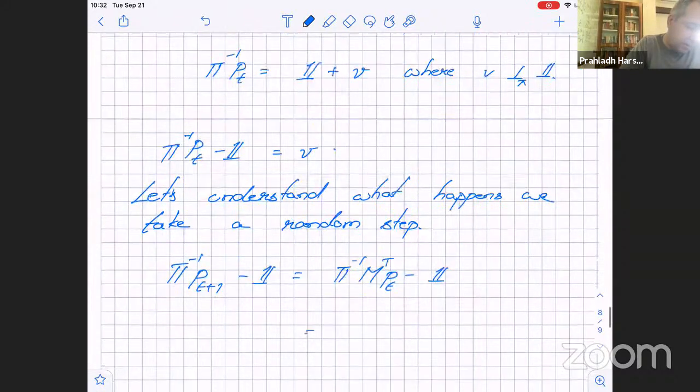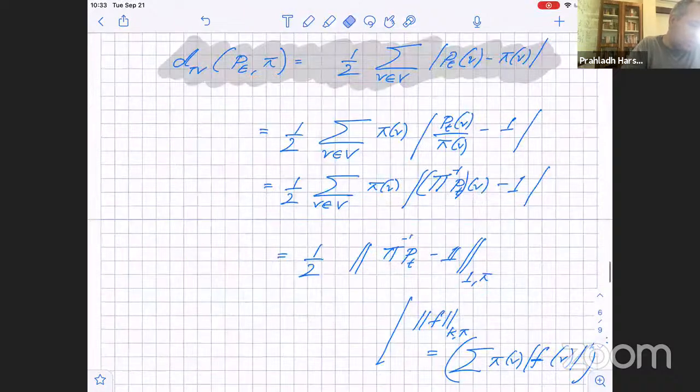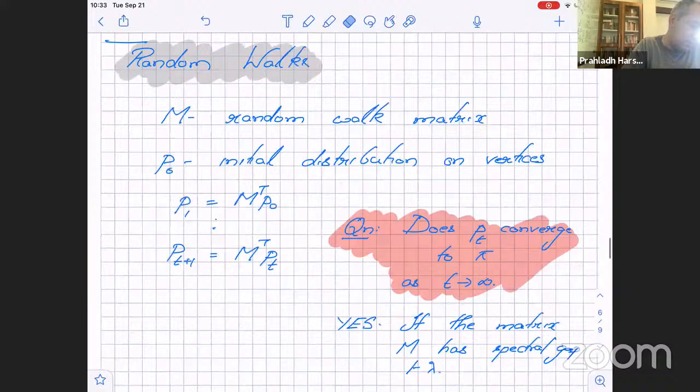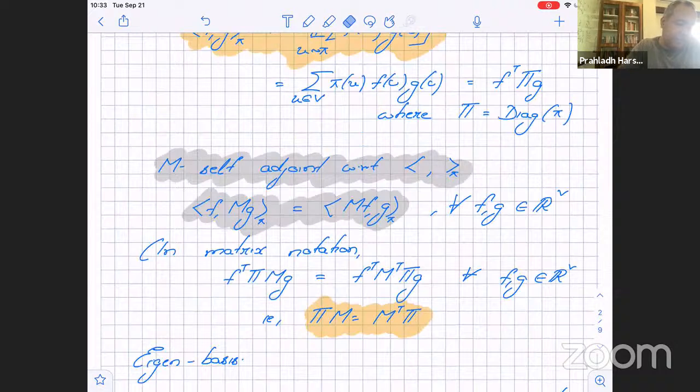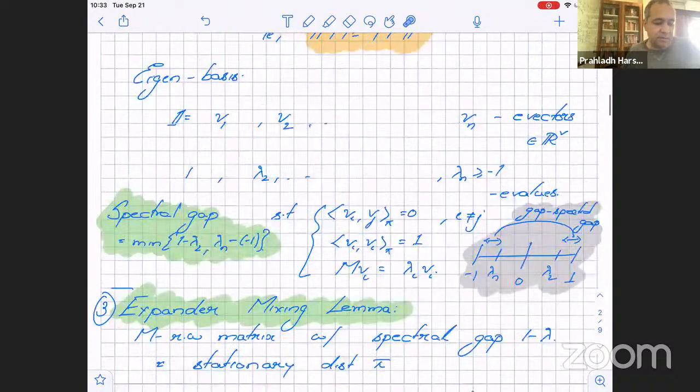And here, this happens to be Mπ⁻¹p_t minus 1. This is because of something which we saw in the very beginning of the lecture: πM is equal to M transpose π. I'm just going to use this. This comes from the self-adjointness.